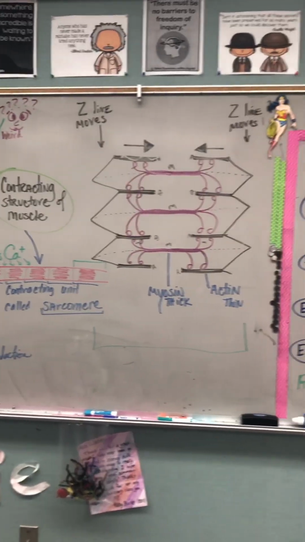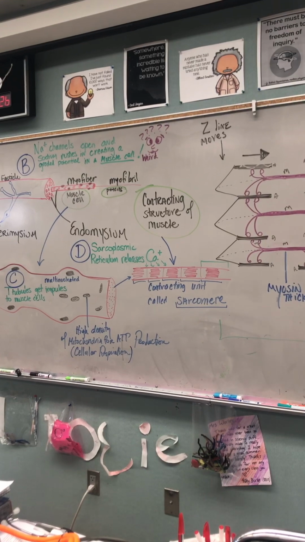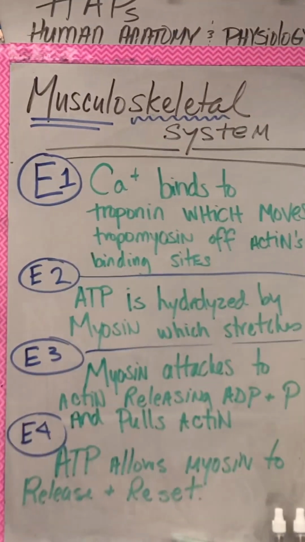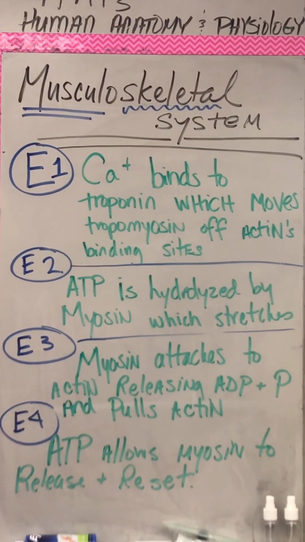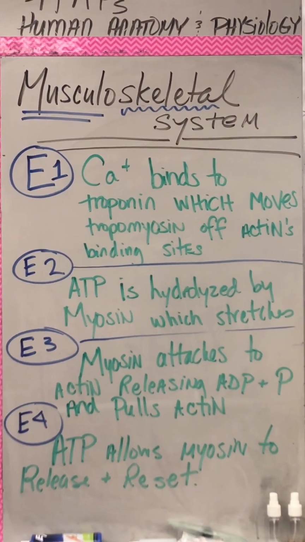But let's go into the details here. So as you recall, step D said that the sarcoplasmic reticulum is going to release calcium. That calcium actually is going to bind to the troponin, which moves the tropomyosin off actin's binding site.